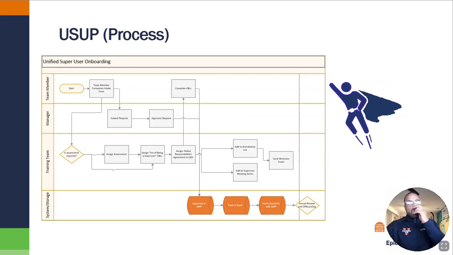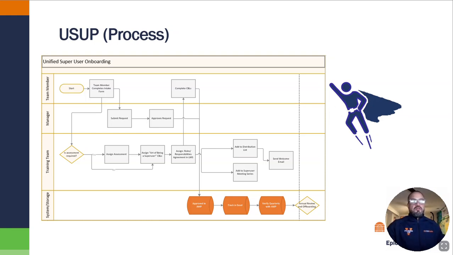So I won't go through this whole process, but essentially when a team member has an interest in becoming a super user, the first thing that they would do is fill out the intake form. And that intake form goes to our team for us to vet to ensure that, number one, their managers are aware.